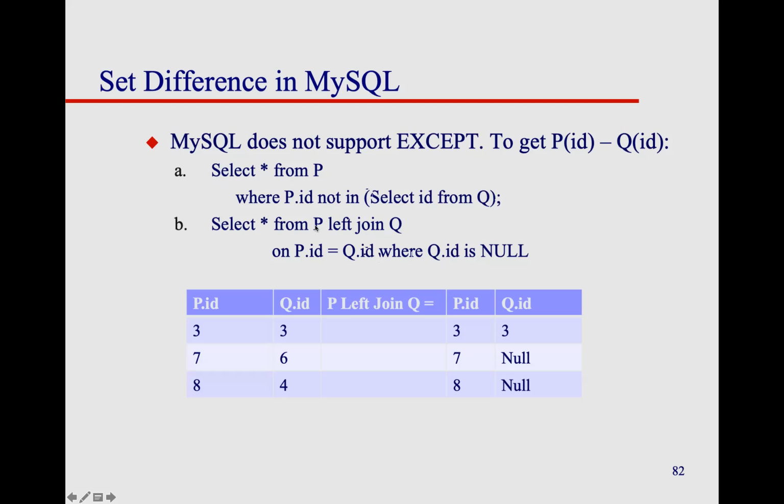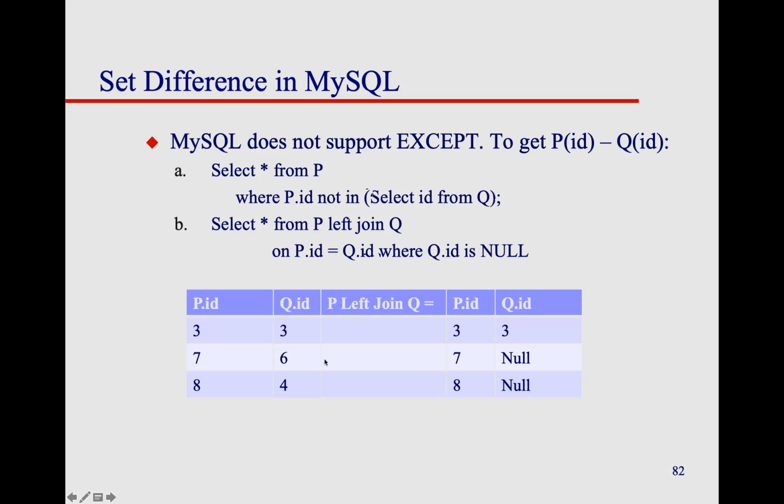The left join will ensure that all tuples in P are included in the result. And then any P that has a null for Q.ID means it didn't match any tuple in Q, and therefore it should be part of the set difference.